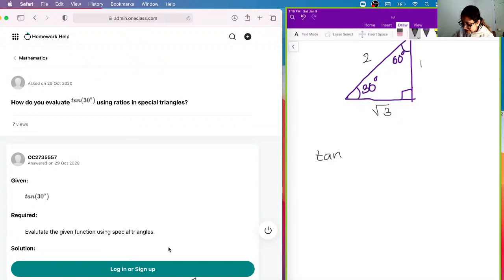Tan of theta, if you guys recall, is the ratio opposite over adjacent.